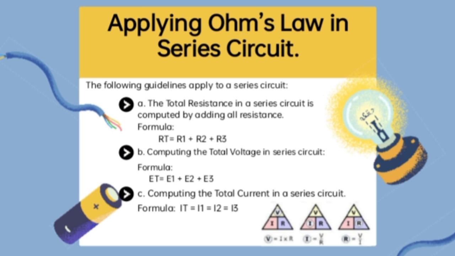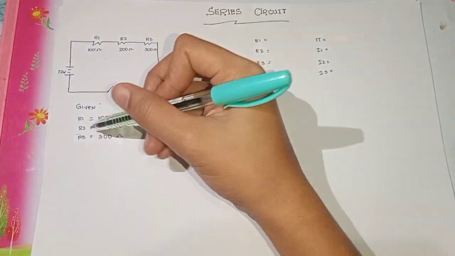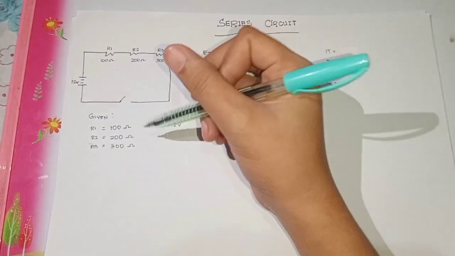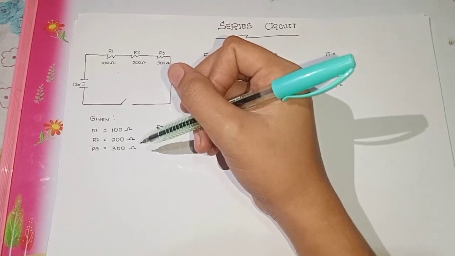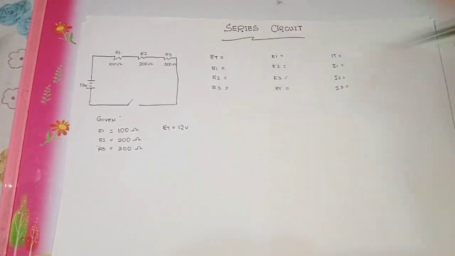The total current in a series circuit is equal to the flow of current in each load. So, in a series circuit, we have R1, 100 ohms, R2, 200 ohms, R3, 300 ohms, and 12 volts.